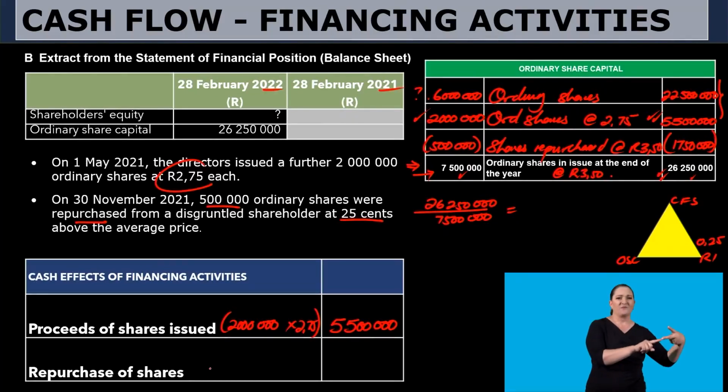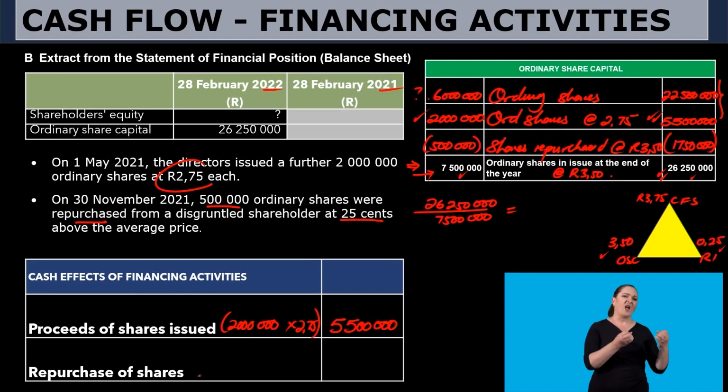On the repurchase of shares now, remember, we had done some calculations already here. We got the average price, which was what? 3 Rand 50. So the cash flow statement now is an addition of the 25 cents plus the 3 Rand 50. That will give me 3 Rand 75. That is what I would record in the cash flow statement.